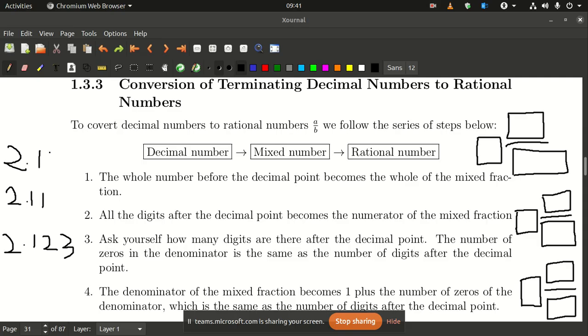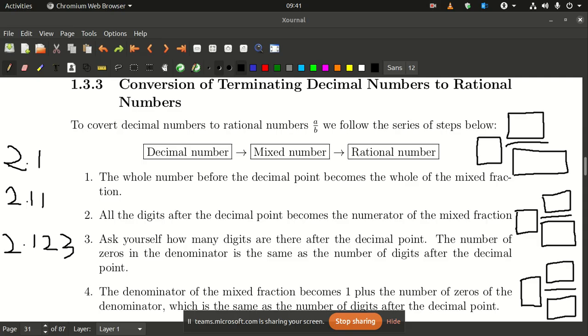And we said that when a number is written like this, which is 2.1, you can see there is this little dot in between these numbers. And we said that this one here is a decimal point. It is that little dot that is in between the numbers. The number that is written before the decimal point is a whole.